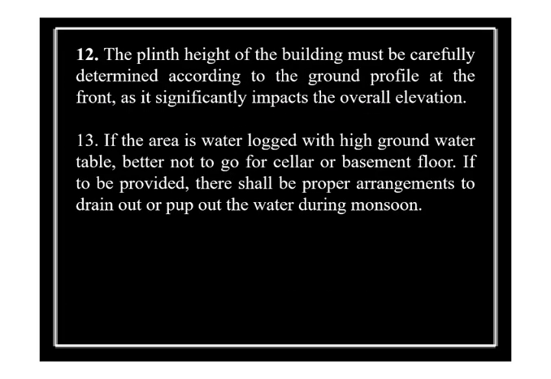The plinth height of the building must be carefully determined according to the ground profile at the front, as it significantly impacts the overall elevation. If the area is waterlogged with high groundwater table, better not to go for cellar or basement floor. If to be provided, there shall be proper arrangements to drain out or pump out the water during monsoon.